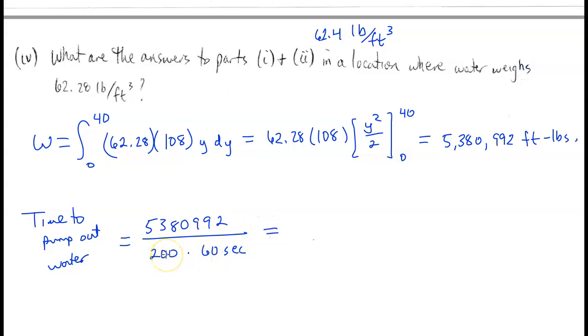And in this case, the denominator is essentially 12,000, and I'm just going to leave off the units here because we already know that's going to be in minutes. And of course, when we do that, the exact number that you'll get from your calculator will be 448.416 minutes. And of course, that'll roughly round to 448 minutes.